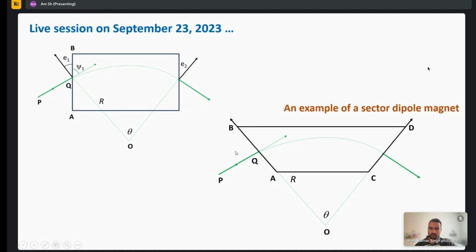If this is the configuration of the magnet, this dipole magnet is termed a sector dipole magnet. In a sector dipole magnet, edge angles are 0. So for any magnet, if we change the orientation of the magnet, it can become sector type or it can become wedge type.